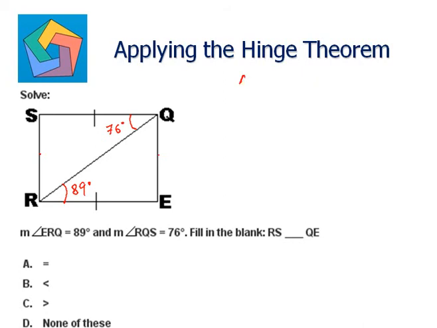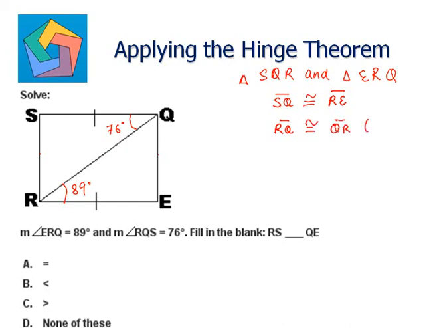So let us consider triangle SQR and triangle ERQ. I am given SQ is congruent to segment RE, and also segment RQ will be congruent to segment QR using the reflexive property.